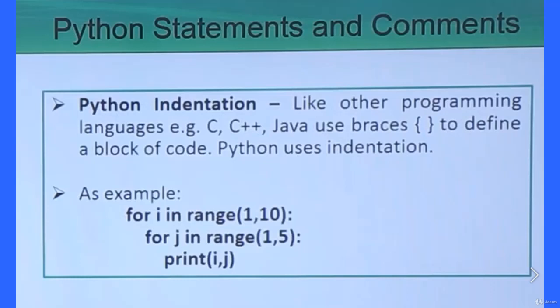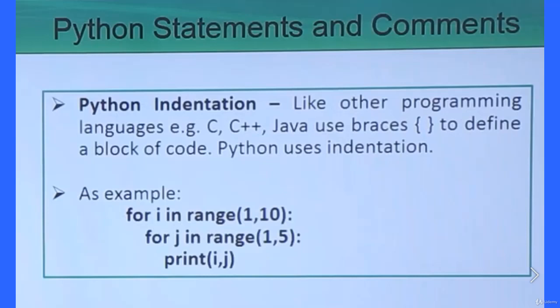That scope is not there in Python. The indentation shows that this set of statements is under one block, so they have a separate indentation. So indent and outdent are very important in our Python coding.